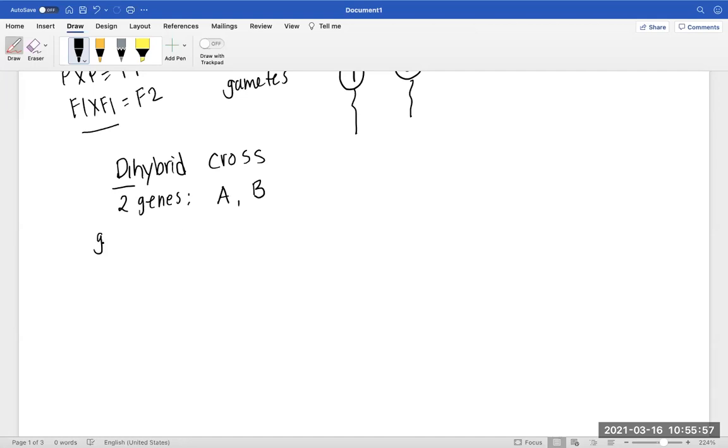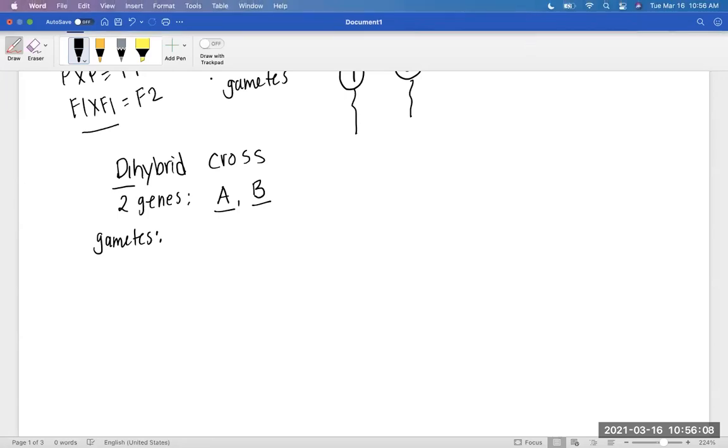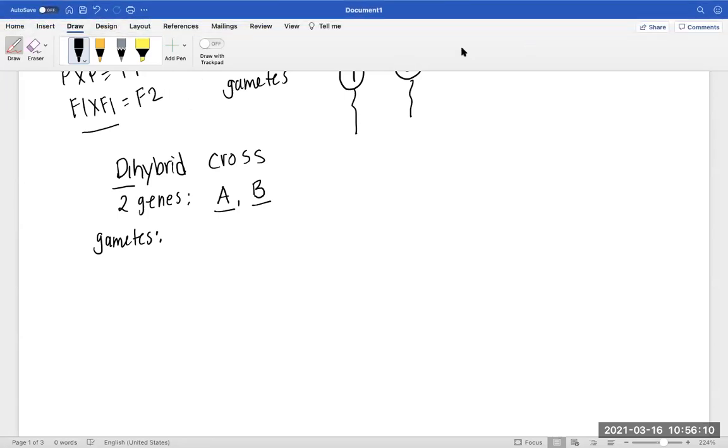What are the possible gametes for this gene and then for this gene? Again, type it in the chat. What might be the possible gametes for this gene?